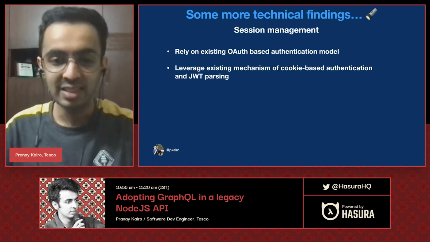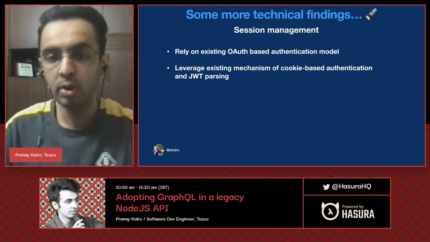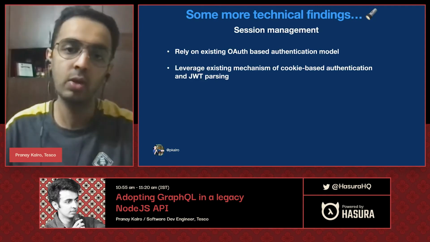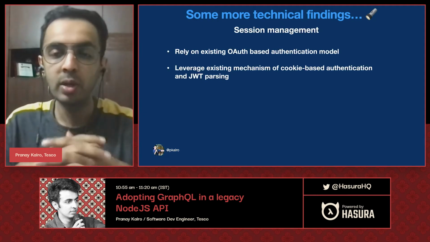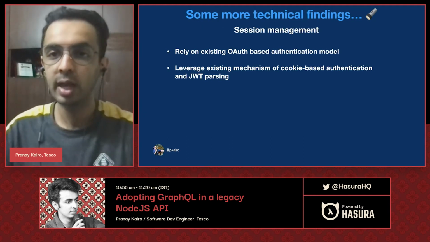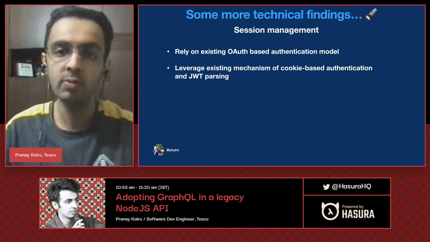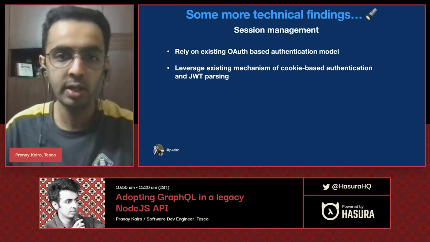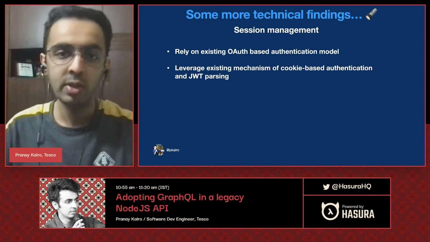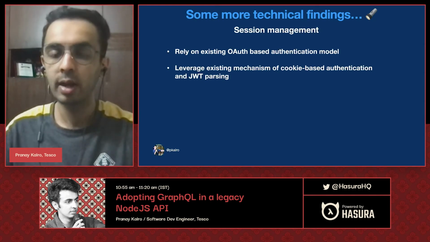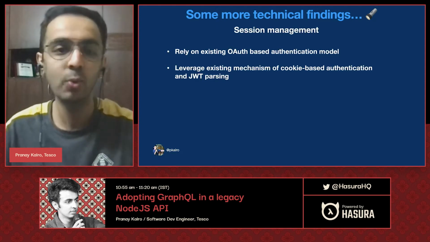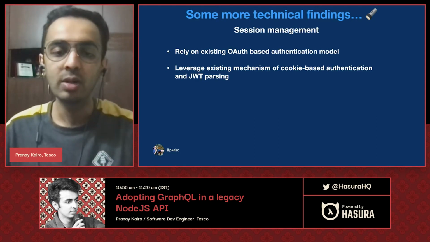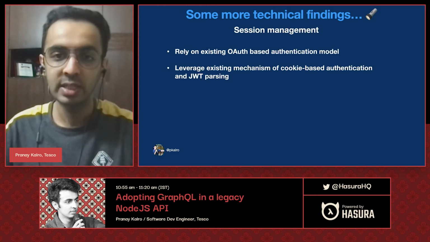Then coming to session management, which is the most important aspect when you are migrating an API. Obviously the most popular authentication mechanism, OAuth, is what even our Node.js API was following. So we didn't want to touch that. We didn't want to rewrite that. We didn't want to write a single line of code. A single line is an exaggeration, but we didn't want to do a complete makeover of our session management.